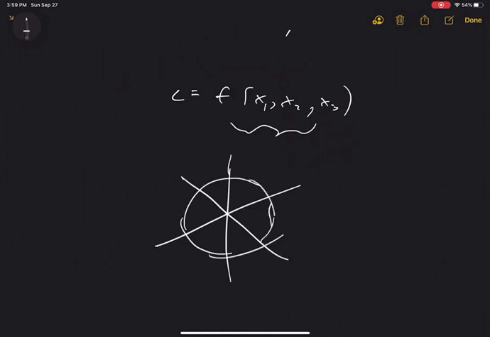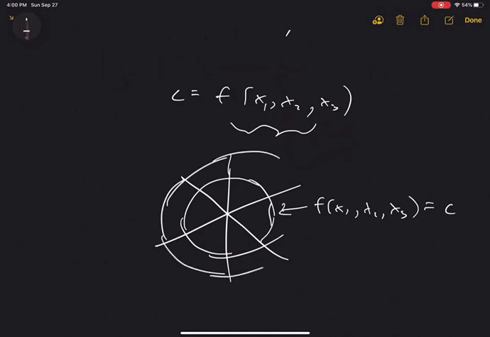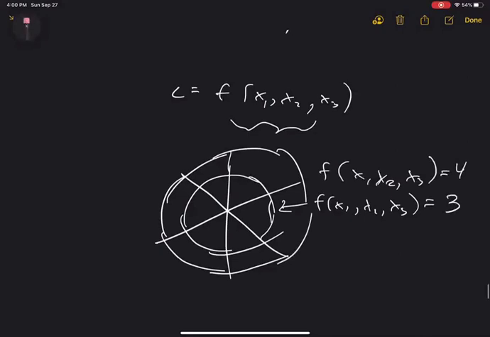And then you say, okay, this sphere is when our function equals c. And then you have another sphere, and it's when your function equals 4. And so on. And maybe you see you have these spheres moving outward, and as you move outwards, you get larger and larger values for your dependent variable.